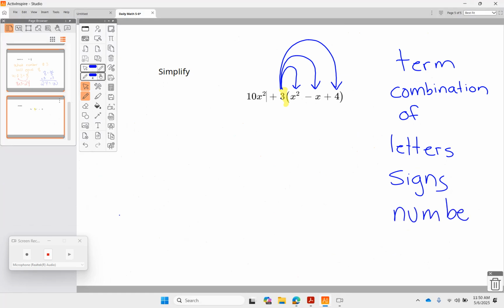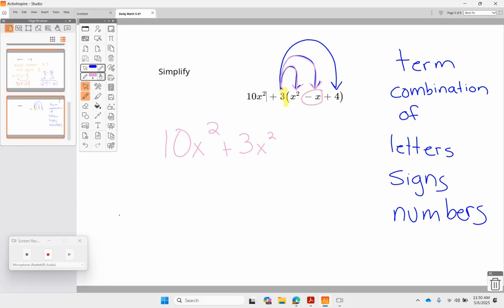Okay? So I am going to keep the 10x squared. Not dealing with that yet. 3 times x squared is 3x squared. 3 times, remember this term is negative x.